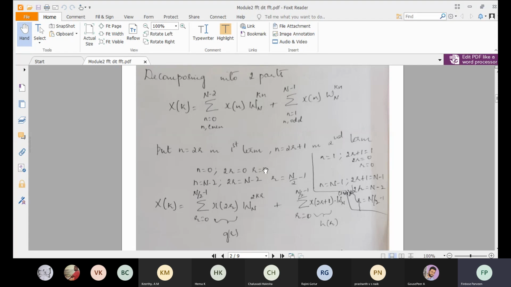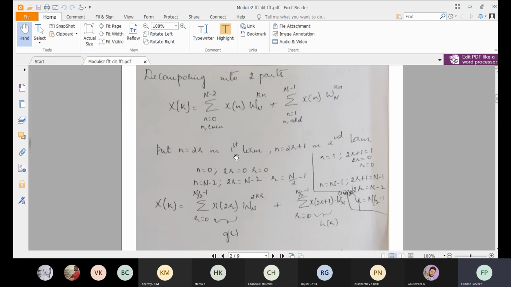When n equal to N minus 2, 2r equals N minus 2, so r equals N by 2 minus 1. So the limits are r equal to 0 till N by 2 minus 1. This is the lower limit and this is the upper limit.